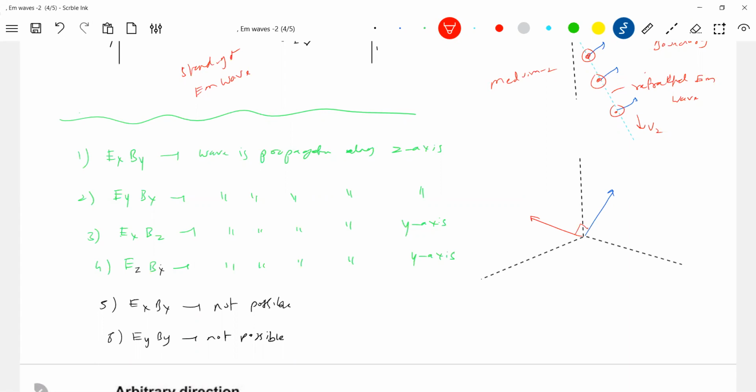I had to show that they're perpendicular. First condition, E bar vector, B bar vector. The wave is not propagating along the z axis, at least I'm sure. So the wave will be somewhere propagating in this direction. So this will be the direction of propagation of the wave.